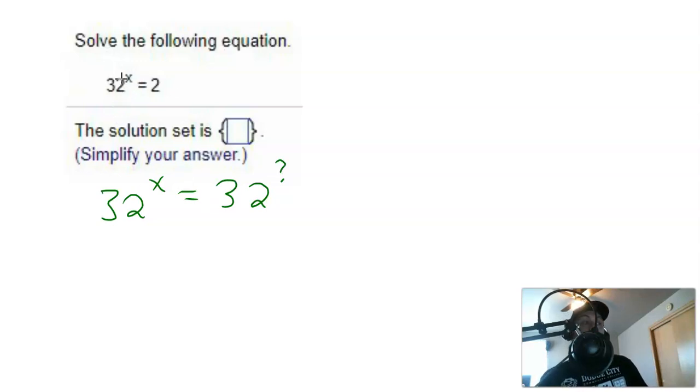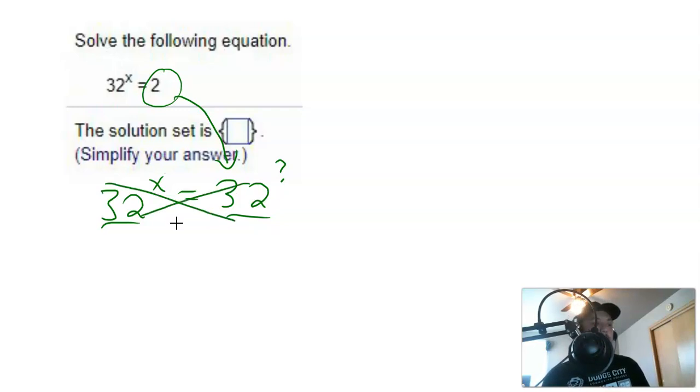In this case, the base of my exponent is 32 on the left-hand side. So if I'm following the same logic, I would want to rewrite the right-hand side with the same base, 32. So I have to be able to take 2 and rewrite it as an exponent as 32 to some power. And it's possible, but it's awkward, and it's maybe going to be hard to figure out.